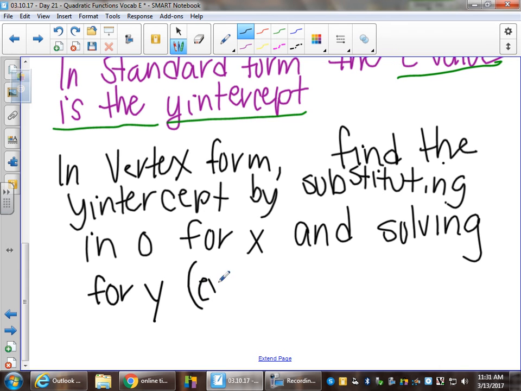And in parentheses, you can say you're evaluating f of 0. That's another way to say what we just said.